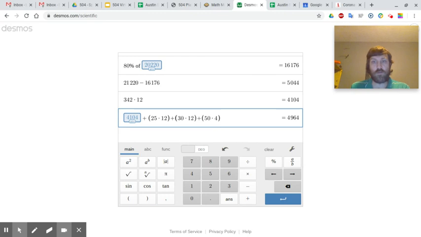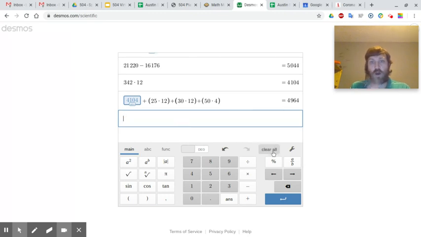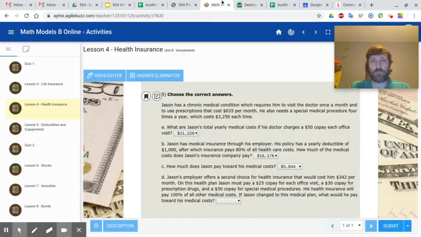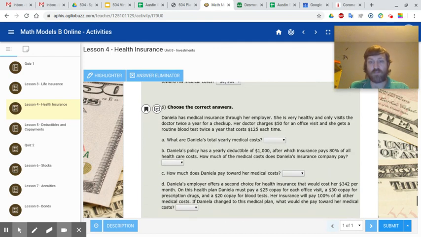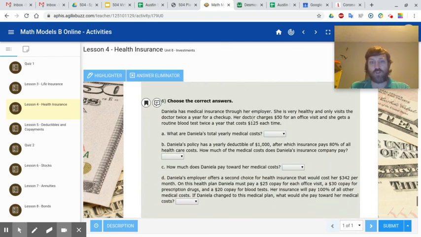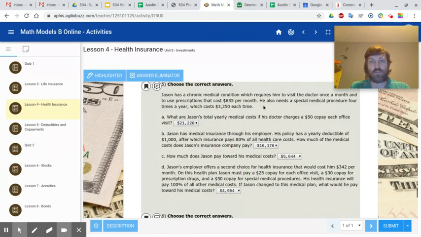And so we see the cost to him is $4,964. And there it is right there. So you see that plan actually means he pays less, just barely. That's pretty much what you're going to do. They're more or less the same idea. Just read carefully and do the same process here that I did on the ones above.